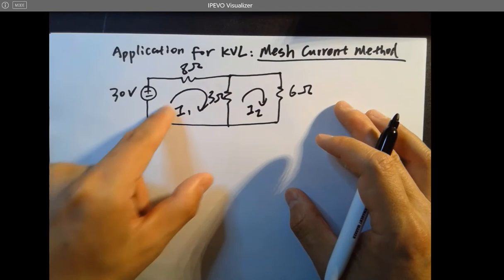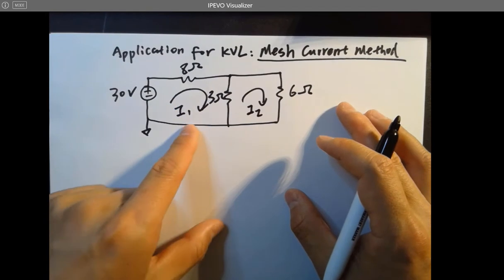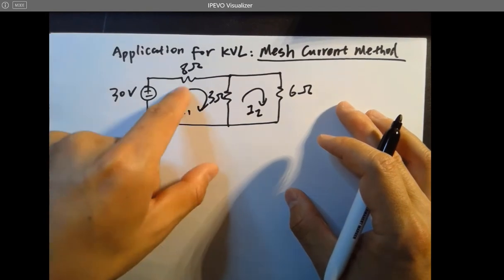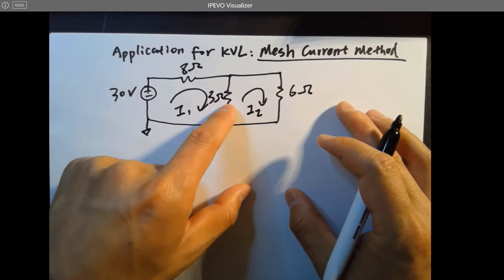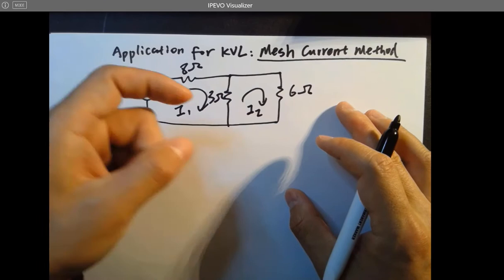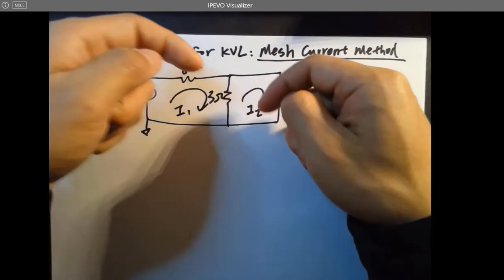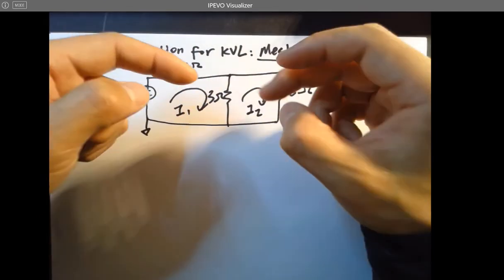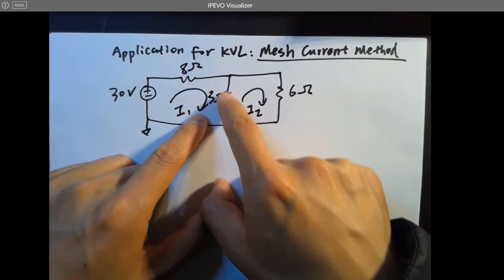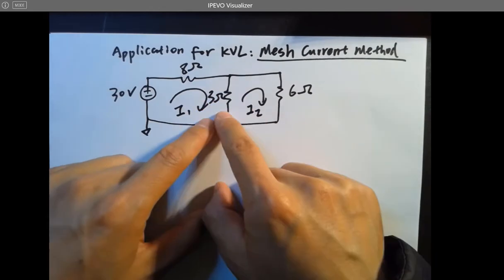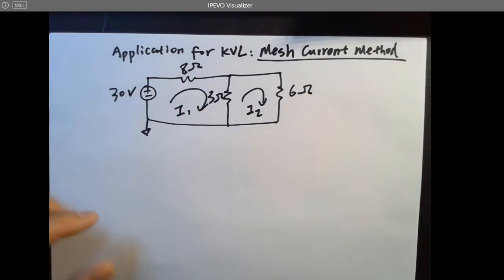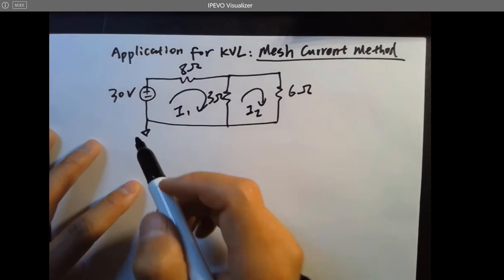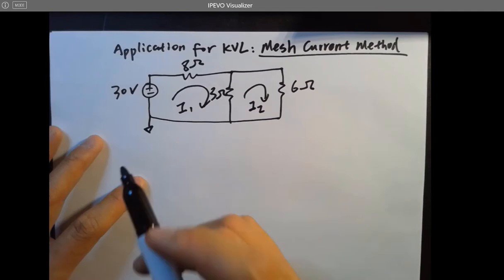If I label a mesh current like this, I1 is the real current that flows through this resistor, but not this one, because we are looking at the total summation of the current that flows through this one, because it is being shared by these two meshes. You know what I mean? So I'm going to just directly write down the mesh current equations, and you'll get it pretty soon.